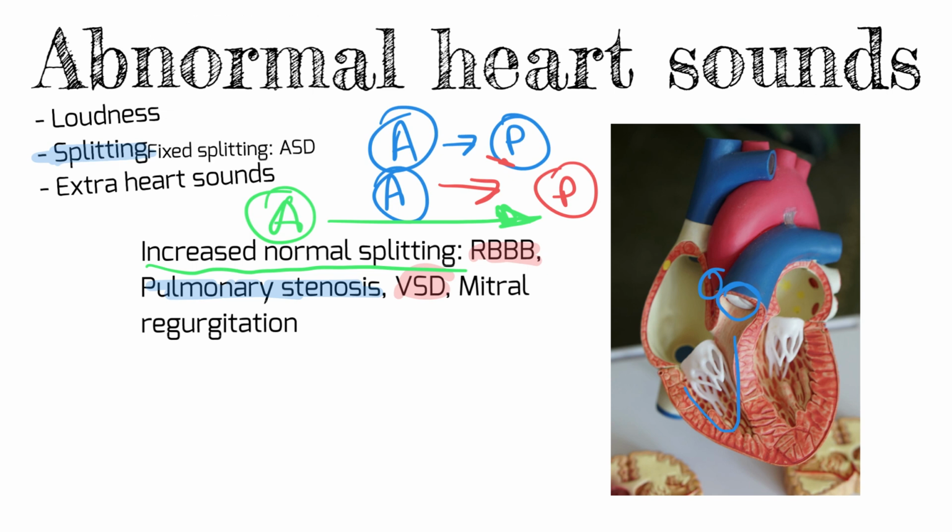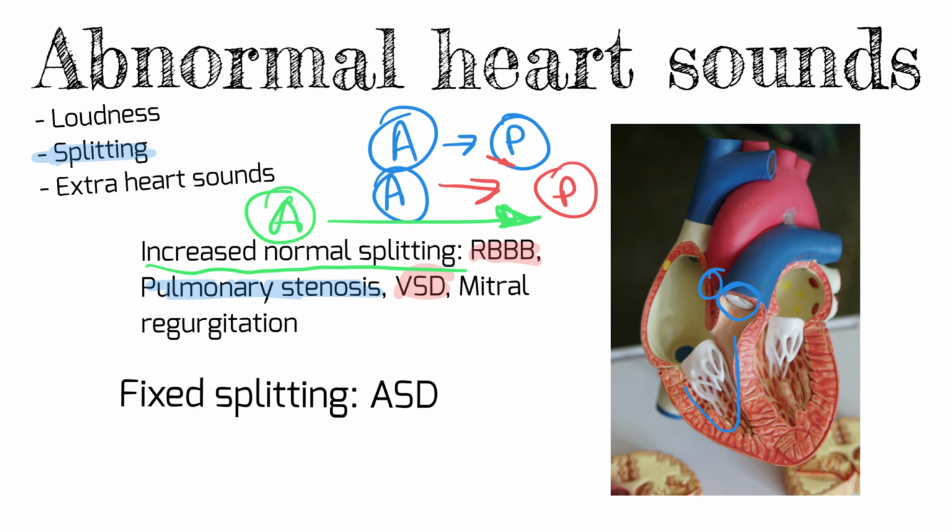Then we get something called a fixed split. The difference between an increased normal splitting and a fixed split is that the normal splitting actually changes with respiration. When you inspire, we know that venous return increases.